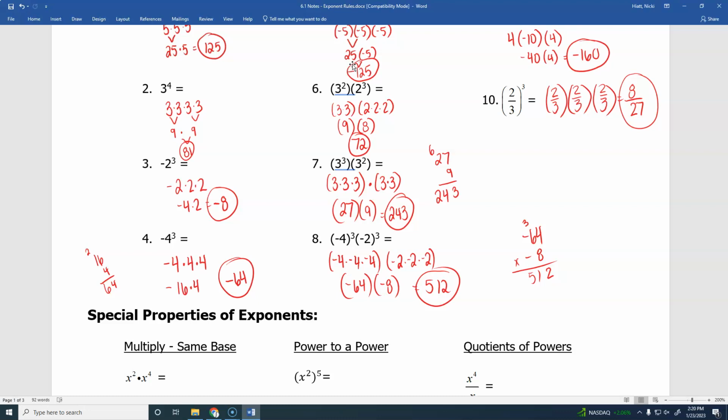So like for this part, you have to do negative 4 times negative 4 times negative 4. And then since these two are right next to each other with nothing in between, it's multiplied by negative 2 times negative 2 times negative 3.